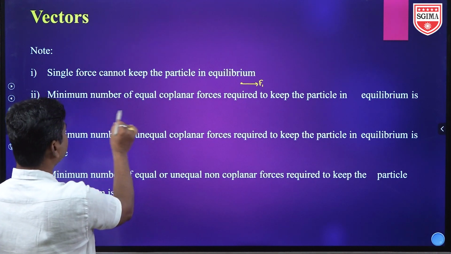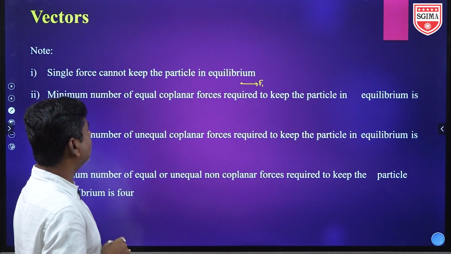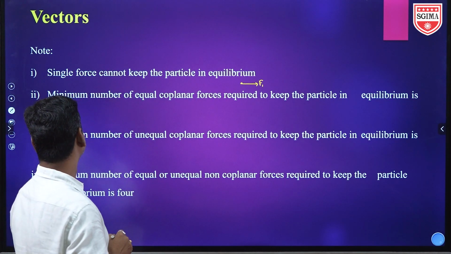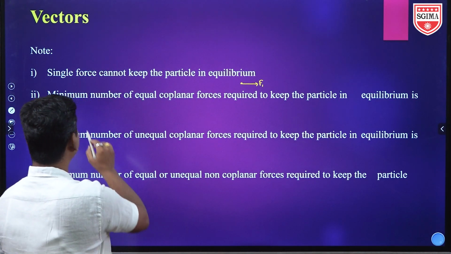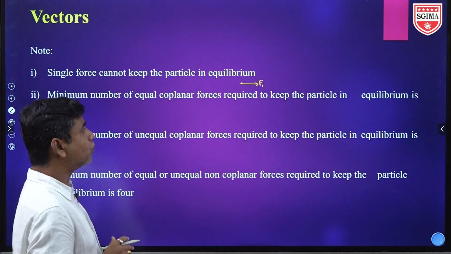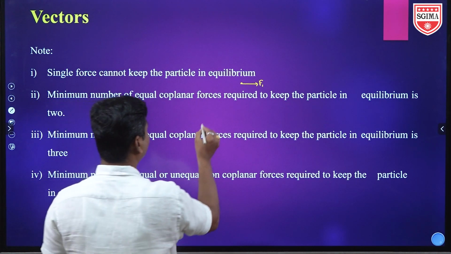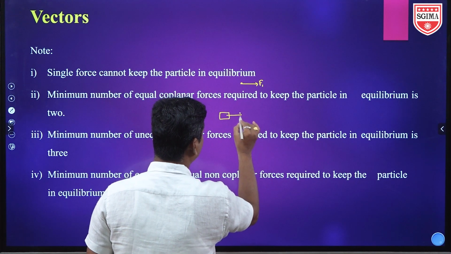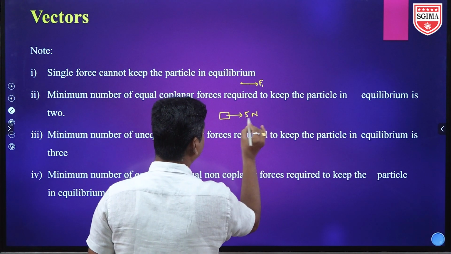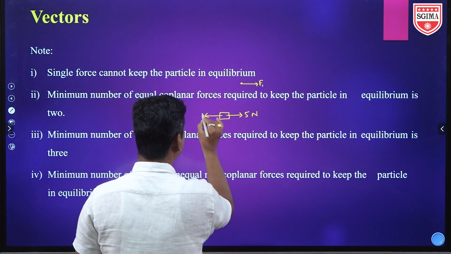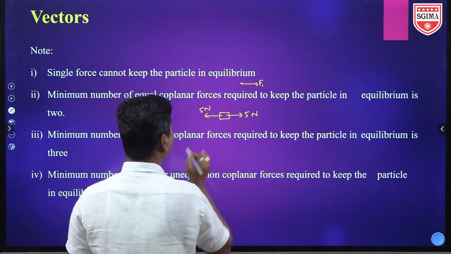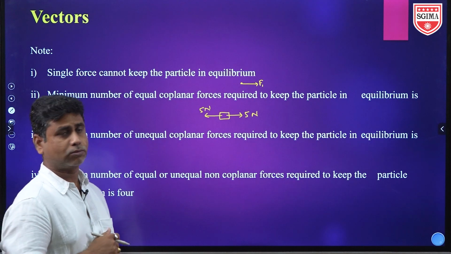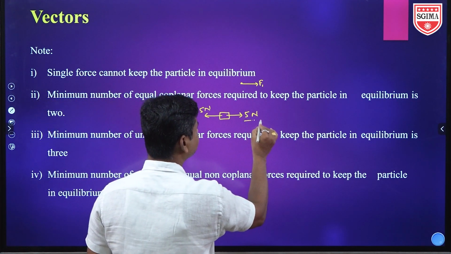Next, the minimum number of equal coplanar forces required to keep a particle in equilibrium is 2. For example, one body is taken, with a 5 Newton force acting on the right side and a 5 Newton force acting on the left side.